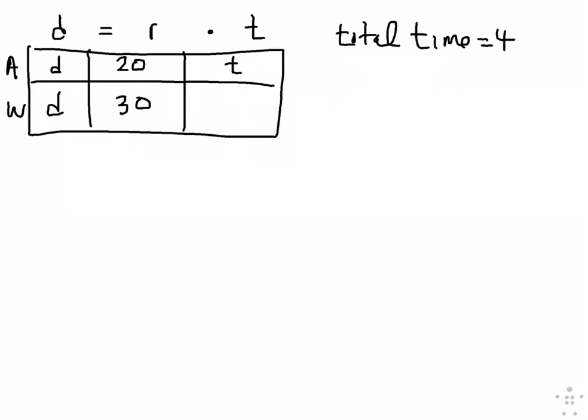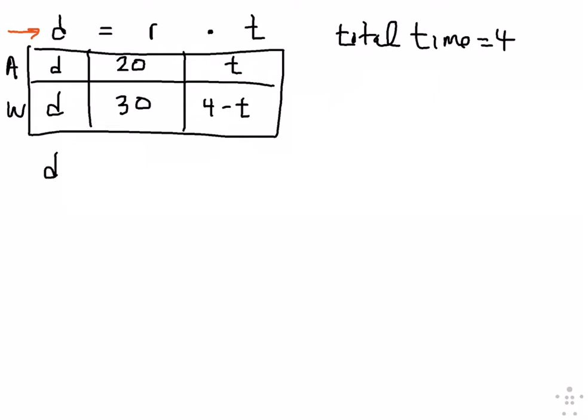If we went out for 2 hours, then coming back we have 2 hours. If we went out for 3 hours, then coming back we have 1 hour, right? Because the total time is 4. So the amount coming back is 4 hours minus however much time we spent going out, right? So our two equations are the rows, right?